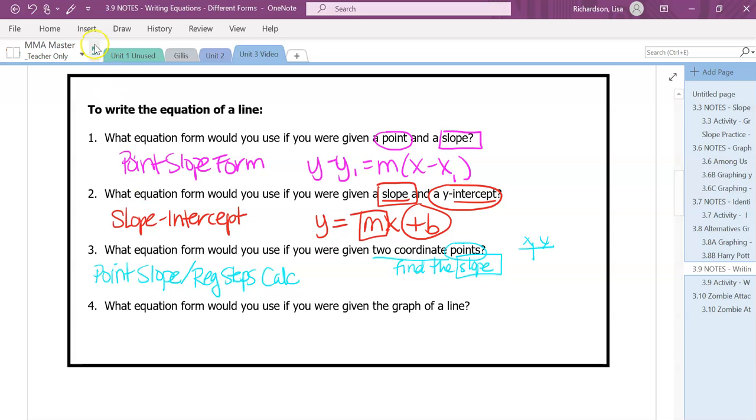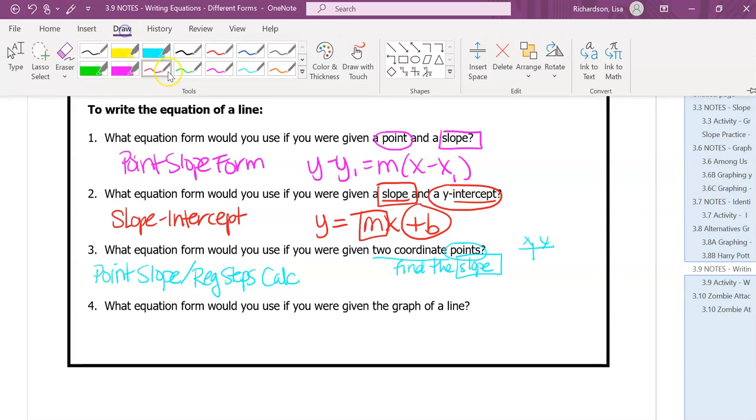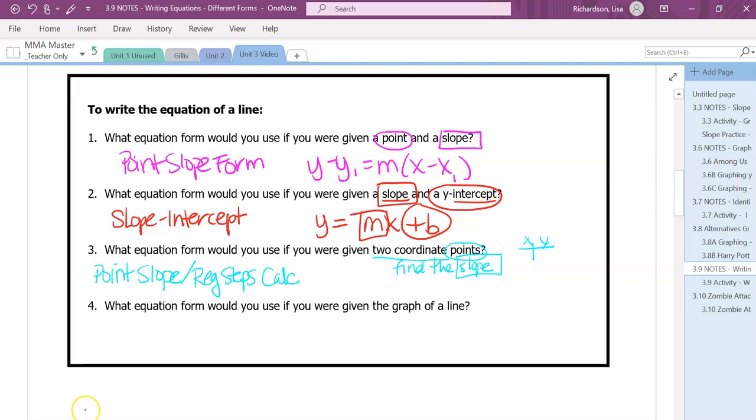And then the last one we have right here is, what equation form would you use if you were given the graph of a line? If you're given the graph of the line, most of us, and what we're going to be using most commonly today, is the slope-intercept form. But we have to be able to see a very clear y-intercept.